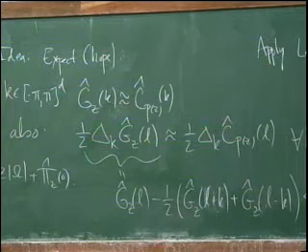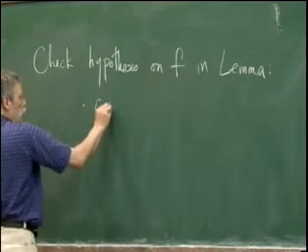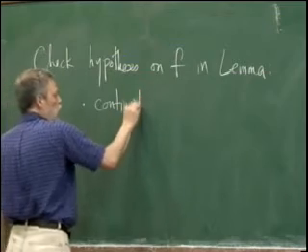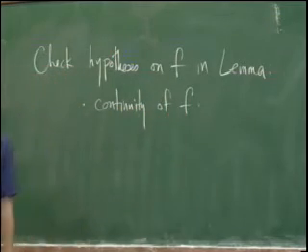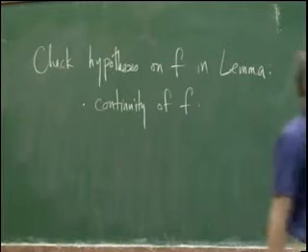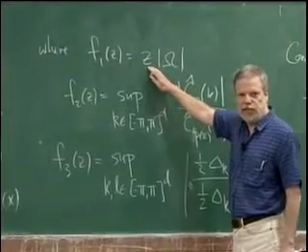So there were 3 hypotheses. There was the continuity. F is continuous. You have to check each of the 3 bits. This one is linear in z, so I'll do that one.